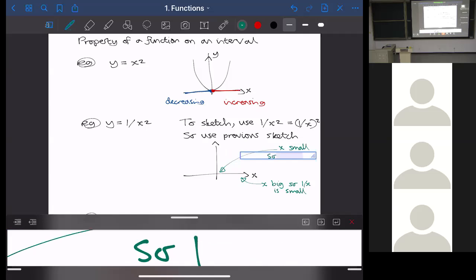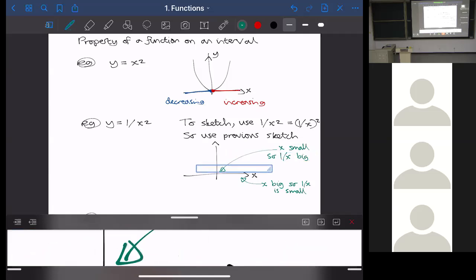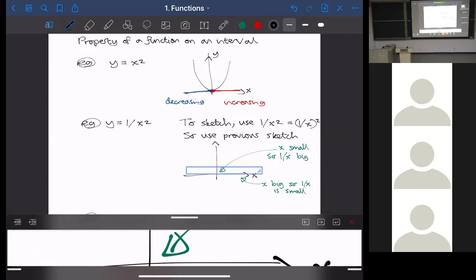So 1 over x is big. So if x is big and then 1 over x is small, then 1 over x squared is also small.